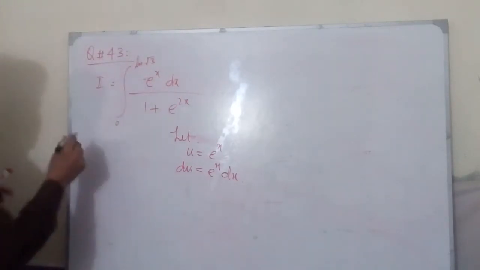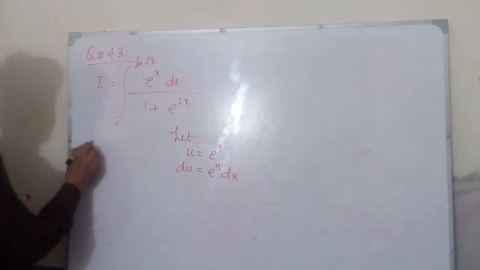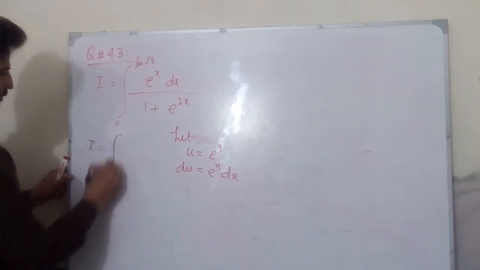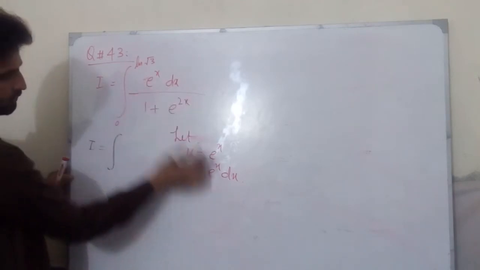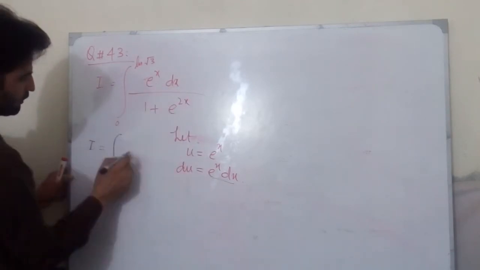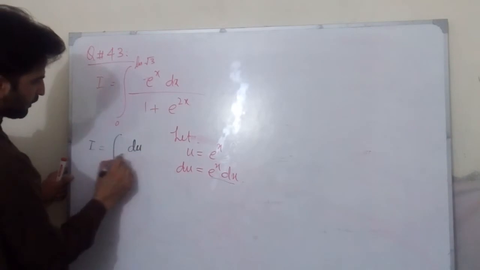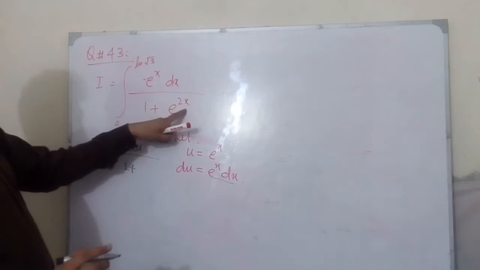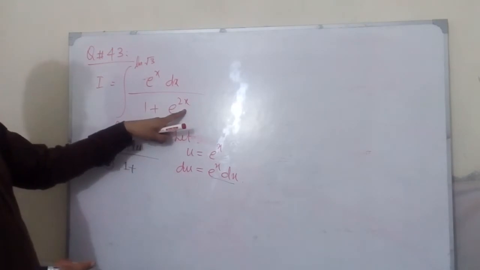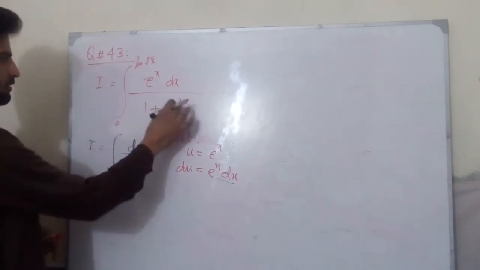So now put the values over here. The integral equals e power x dx, which is du, over 1 plus e power x whole square.